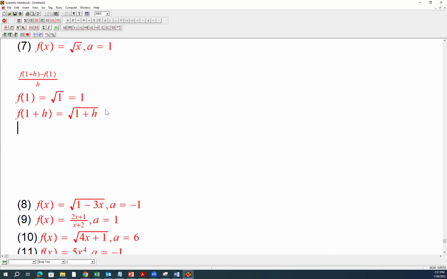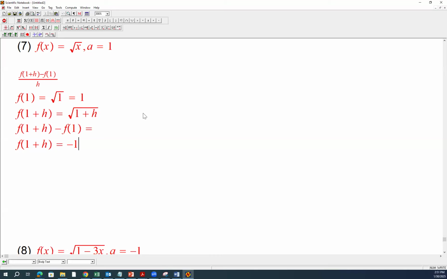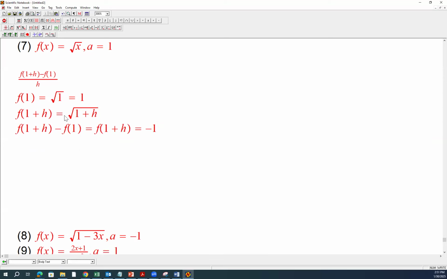And then we're going to do the numerator. What we got here is f of 1 plus h minus 1, the root of 1 plus h minus 1.